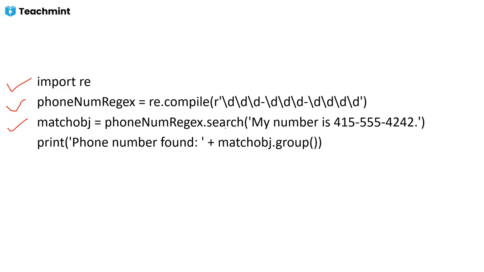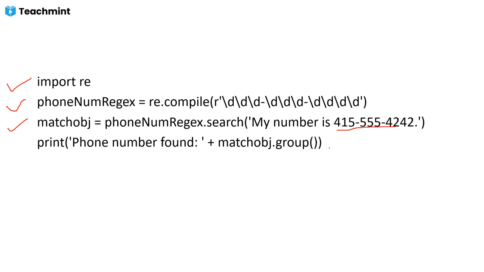These two are the efficient ones to use, which will return all the matching patterns. The result is held in a variable, that is the match object. In this case, 415-555-4242 is the matching object, which can also be displayed by calling the group method on the match object, which returns this match.